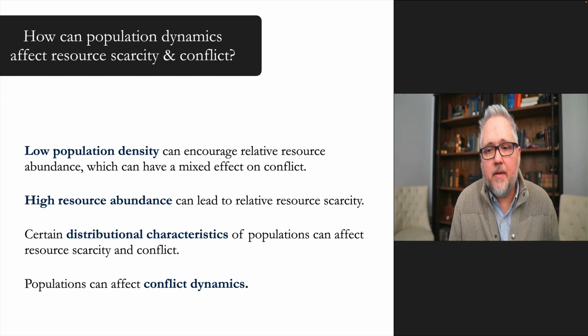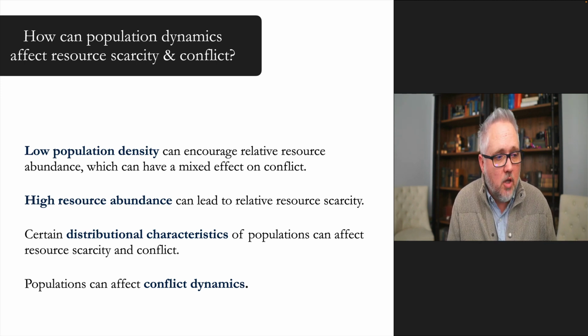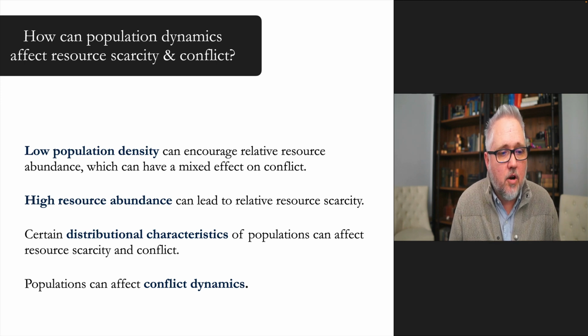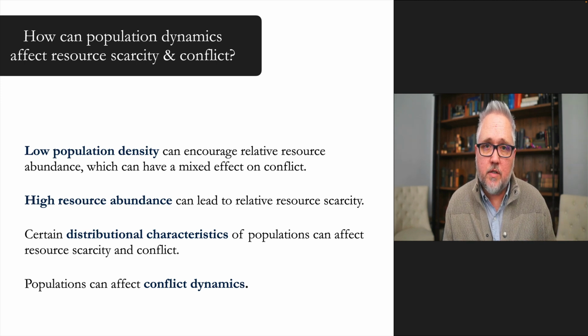So how can population dynamics directly and indirectly affect resource scarcity and conflict? Connecting to the readings from this week, low population density can encourage relative resource abundance, which can have mixed effects on conflict. If there's abundance, then everyone could have enough that there aren't the motivations to go to conflict.